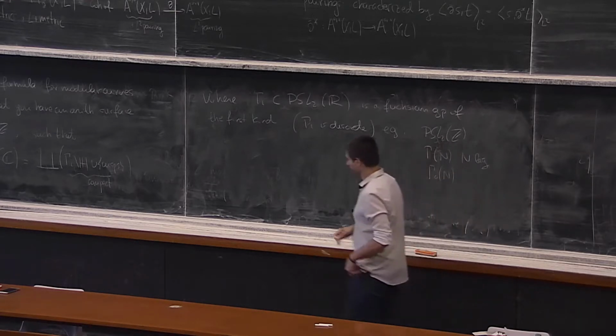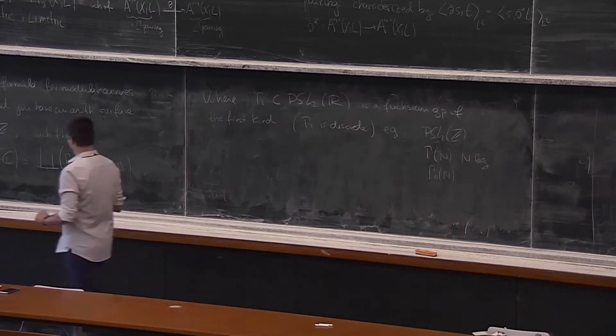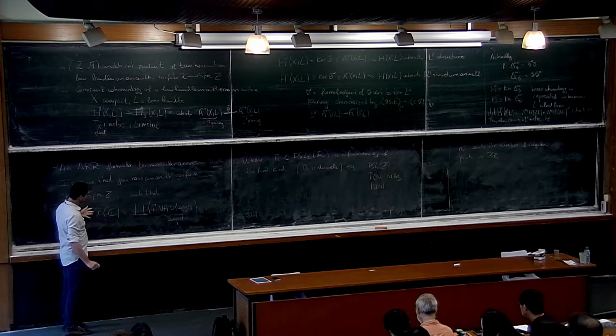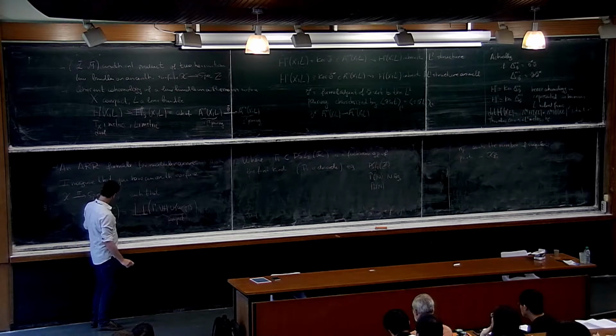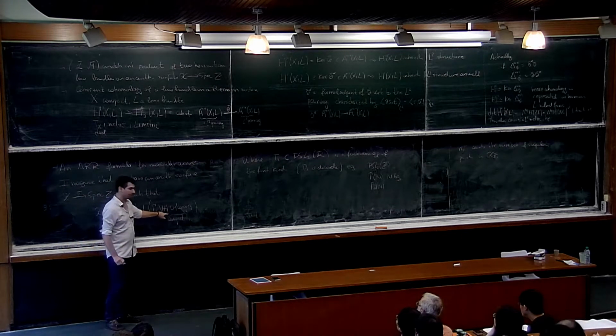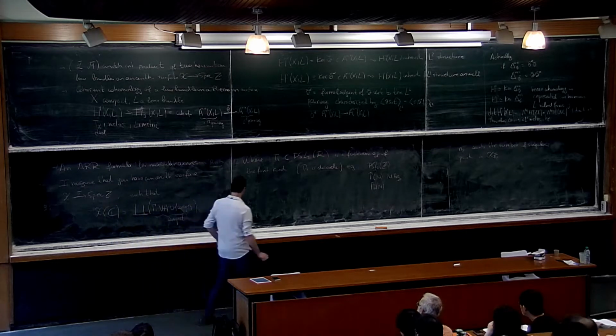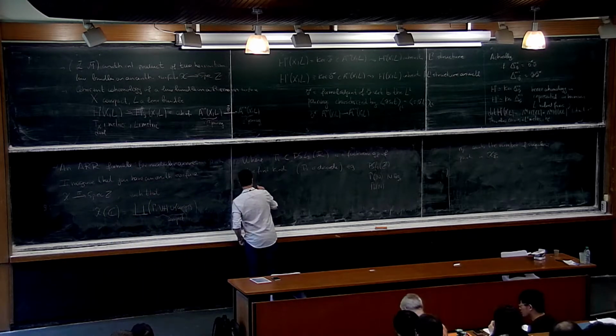Okay, so this is the setting, and once you have this presentation in the arithmetic Riemann-Roch theorem, it's very tempting to use as metric on the tangent bundle precisely the metric coming from the upper half plane, which is invariant under PSL2 of R. So very tempting.